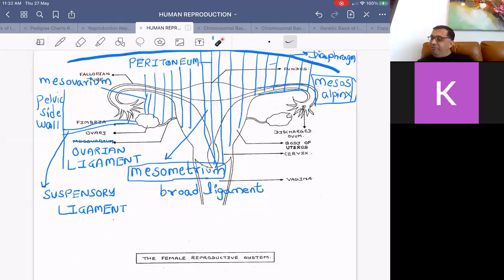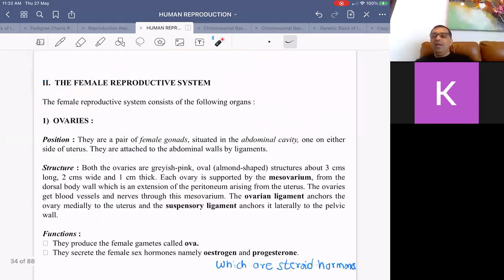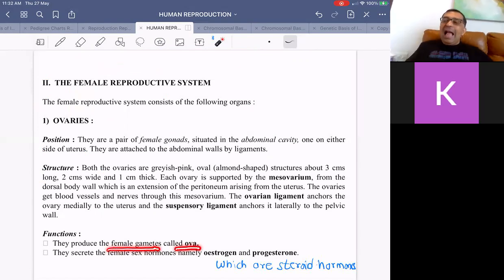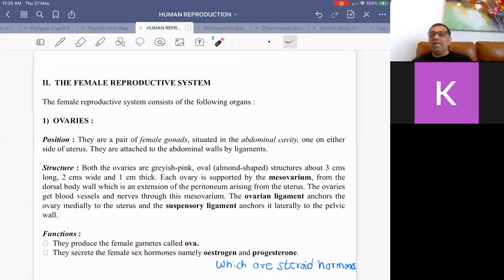What are the functions of the ovary? Ovary produces the female gamete called the ovum or the egg, and the ovary produces 2 female sex hormones, estrogen and progesterone, which are steroid hormones.